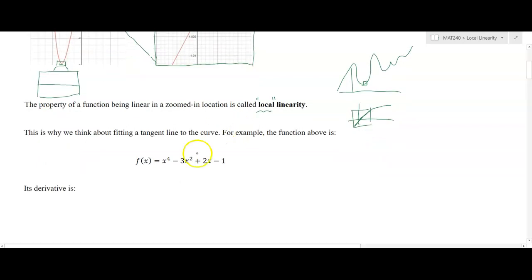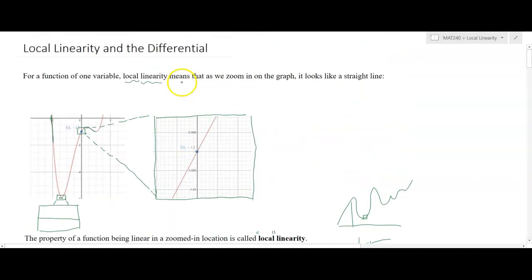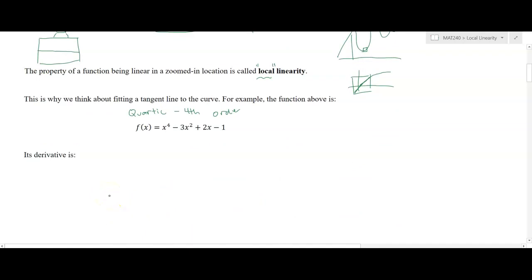So let's take a look at the equation of this function. It's a quartic function, fourth order. And if we wanted to compute the line that is tangent, in other words the equation of this line right here, when we zoom in on a really tight interval on the x and on the y, then the first thing we would want to do is get the slope at that point.